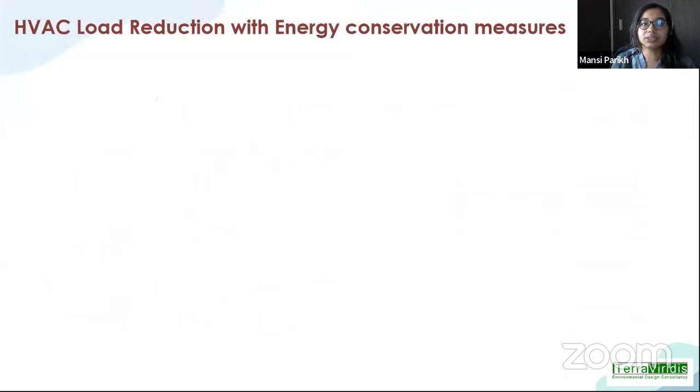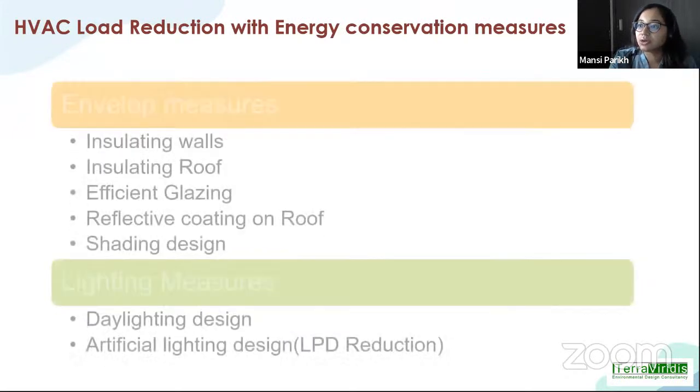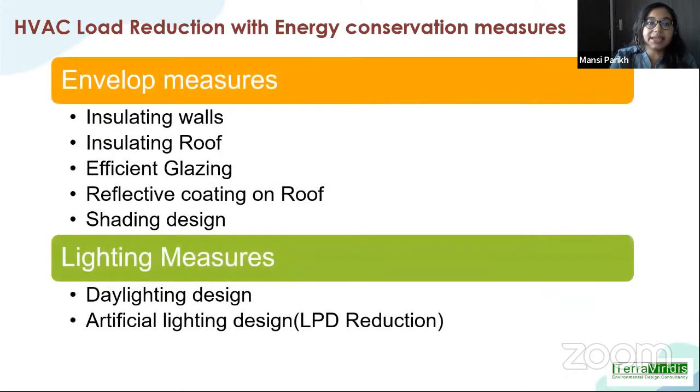Now, why is HVAC load calculation important? As I specified earlier, it has an impact on reducing the first cost of the equipment, as I explained with the split AC units of 2 TR and 4 TR. There are various energy conservation measures which we incorporated in this project to reduce the system sizing, to reduce the cooling load in a particular space.